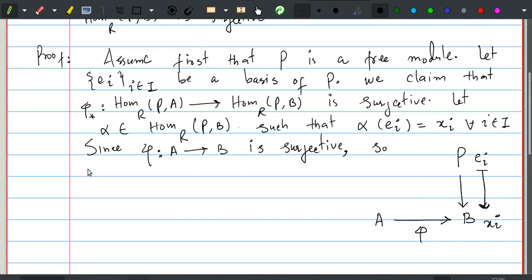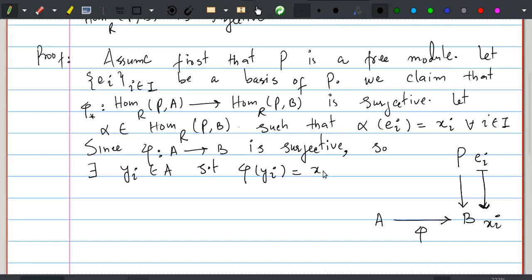So there exists this y_i in A such that phi of y_i is actually this x_i. For this x_i we have this y_i.